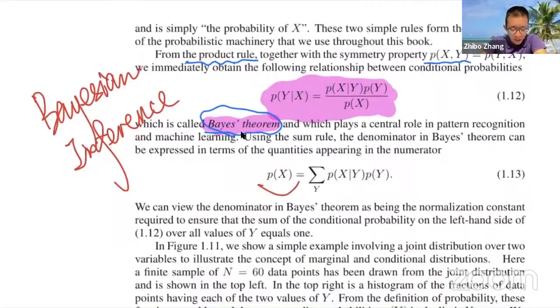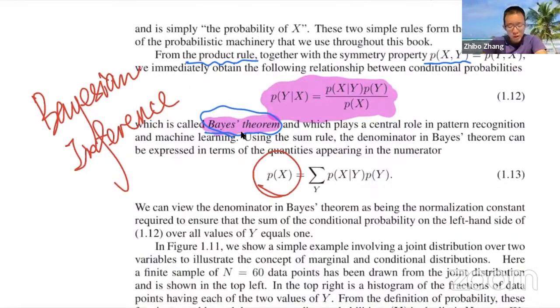So what is P(x)? As we have discussed before, you integrate out one of the variables in the joint density, and the joint density can further be written as the conditional density multiplied by the marginal density.